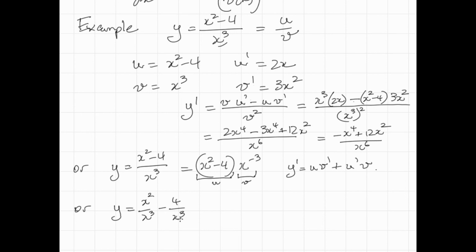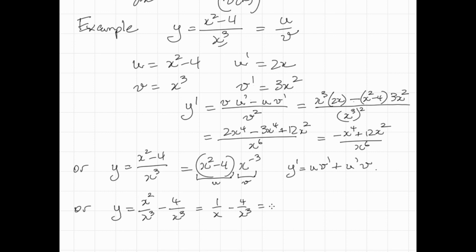You've got to get the denominators the same, and then you combine the two numerators together. In this case you subtract the 2. So I've got the denominators the same here, and then you make it into a single fraction. So then x squared over x cubed is 1 on x, and this is minus 4 over x cubed.